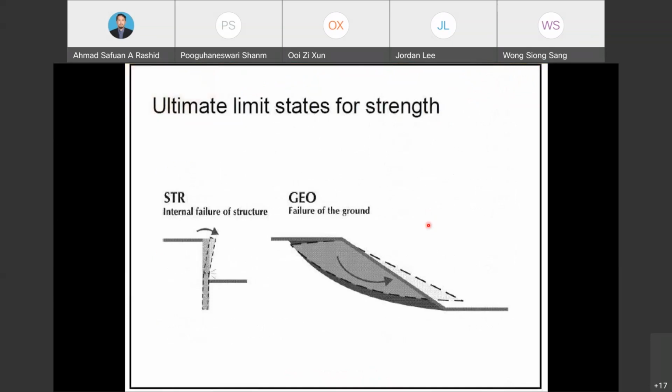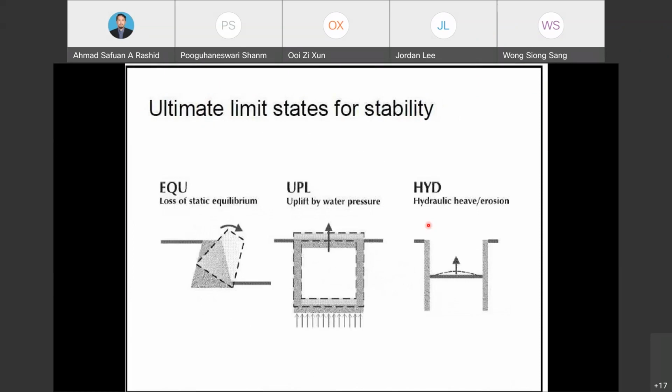So this diagram shows the types of ultimate limit state: the STR based on the structure, the GEO based on failure of the ground, and then the EQU based on loss of static equilibrium, uplift by water pressure, and hydraulic heave and erosion.